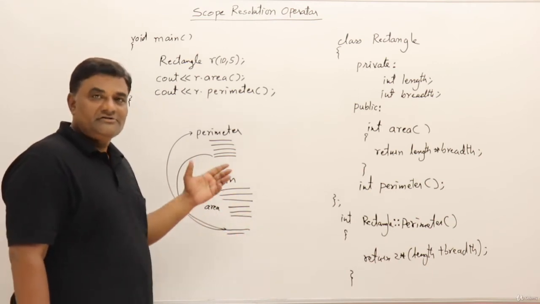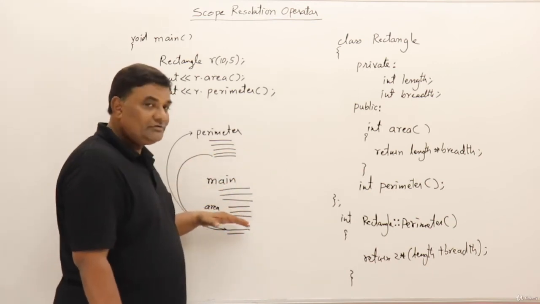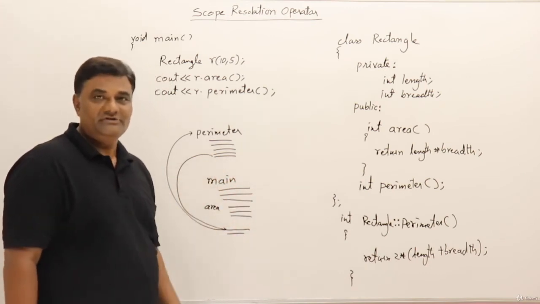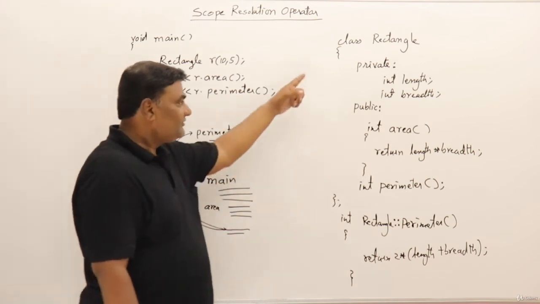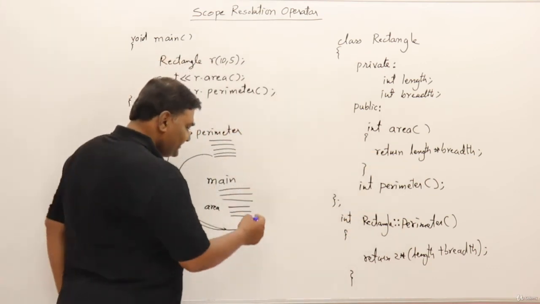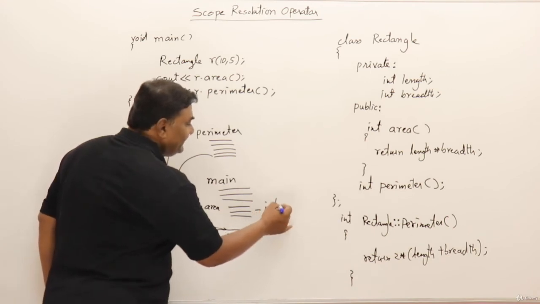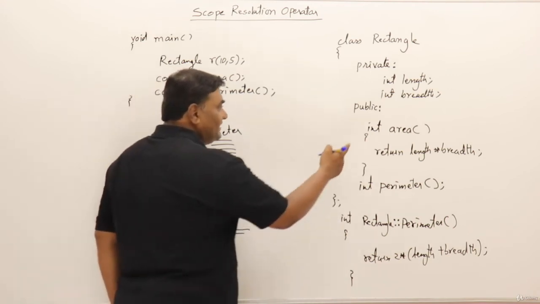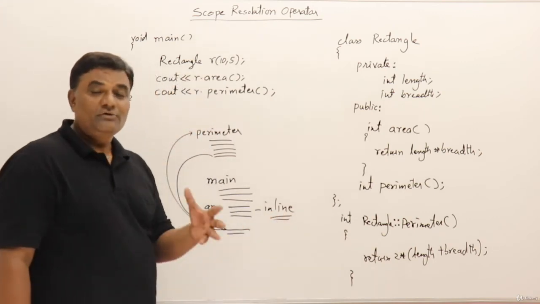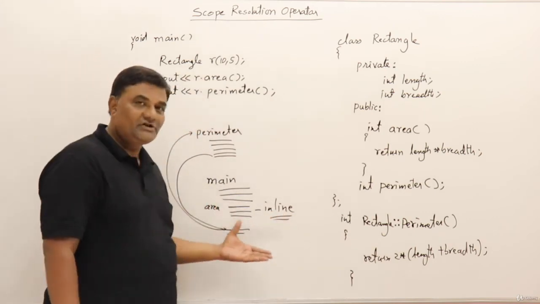If that complete machine code is written here, it's not a function now; it's a part of the main function only. So if you write functions inside the class, such functions are called inline functions. These functions automatically become inline, and their machine code is replaced wherever the function is called.